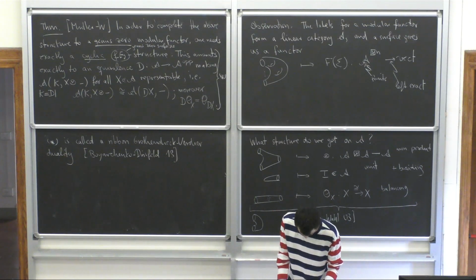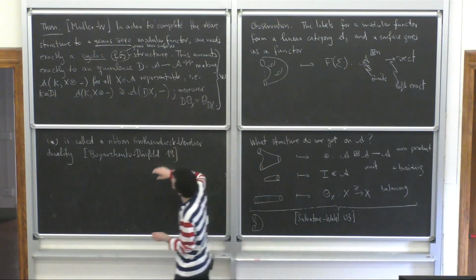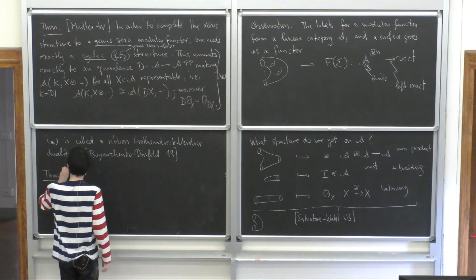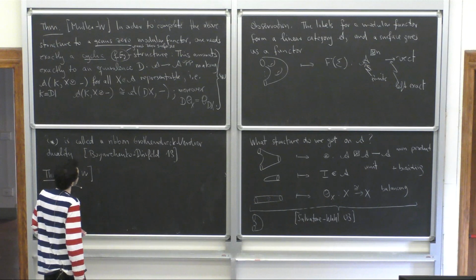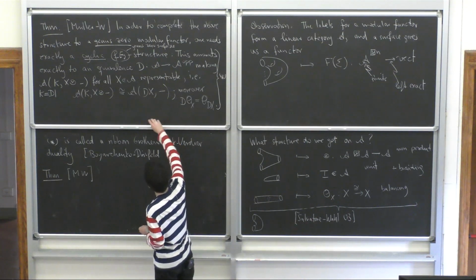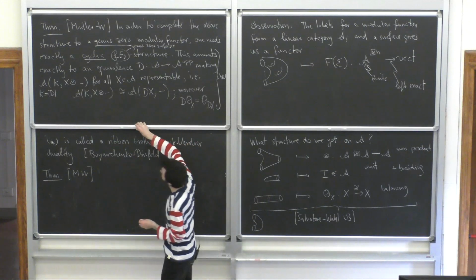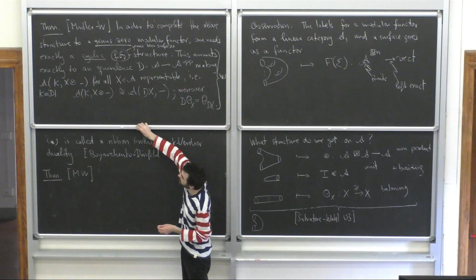One thing that this is good for is another theorem, also with Lukas Müller. If you have this genus zero modular functor, then you could ask, does it extend to all surfaces? And it doesn't.